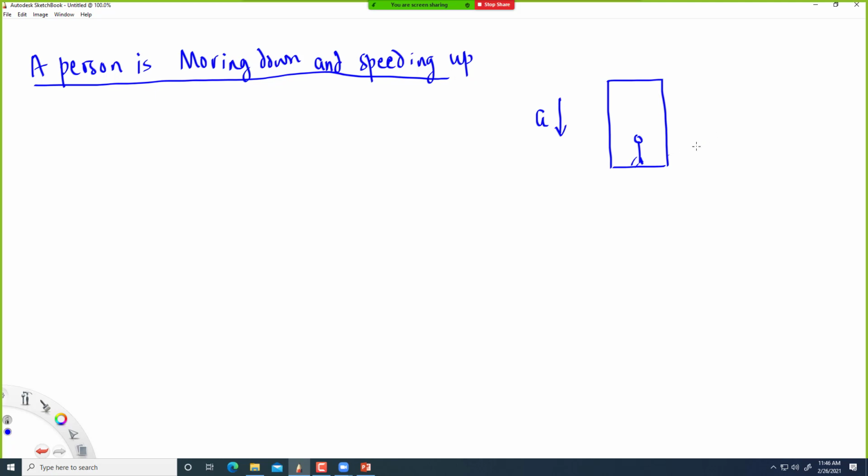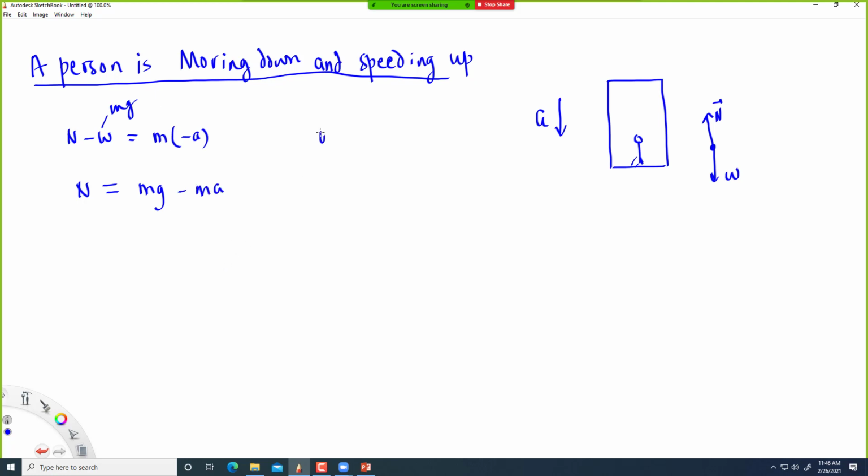And free body diagram for the person is N is up, weight is down. So the total force is N minus W is equal to m times minus a. So N is equal to mg minus ma.